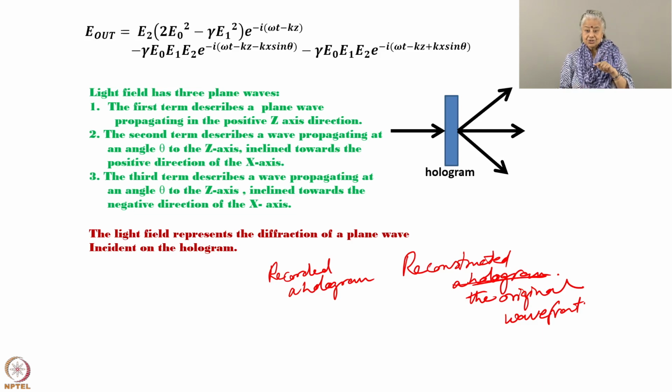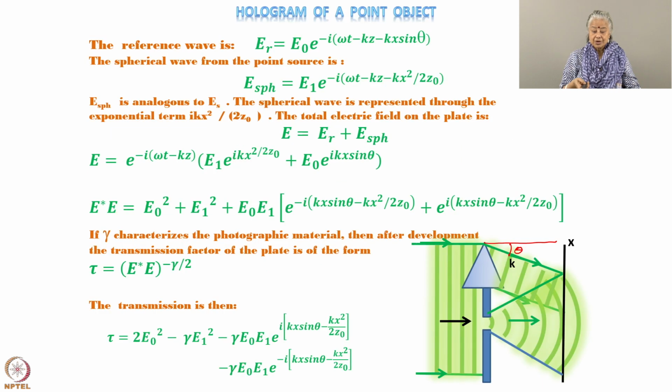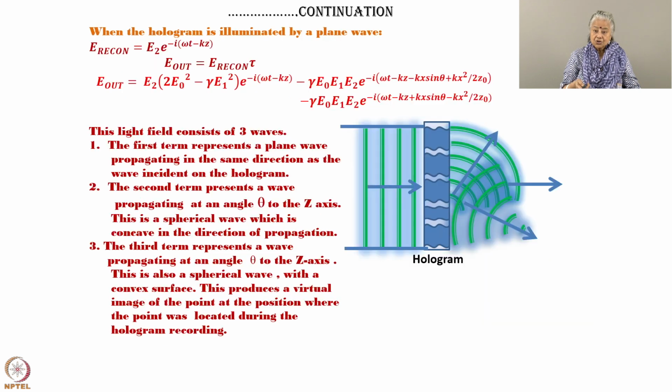And in the reconstruction, remember you get two images, one is called virtual and one is called real. Now, this is the way you follow it. When we start off for recording, we should have a laser beam which is illuminating the object and is forming part of the reference beam.